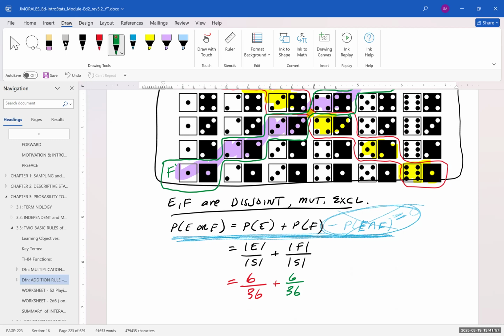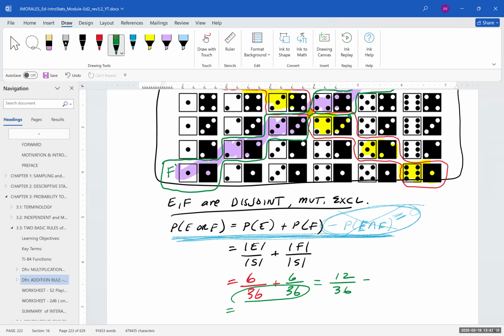We can do this in several ways, but maybe the easiest is to notice that we've got common denominators, so we can add these two fractions. That's going to give us 12 out of 36. And we can just use our calculator and do 12 divided by 36.